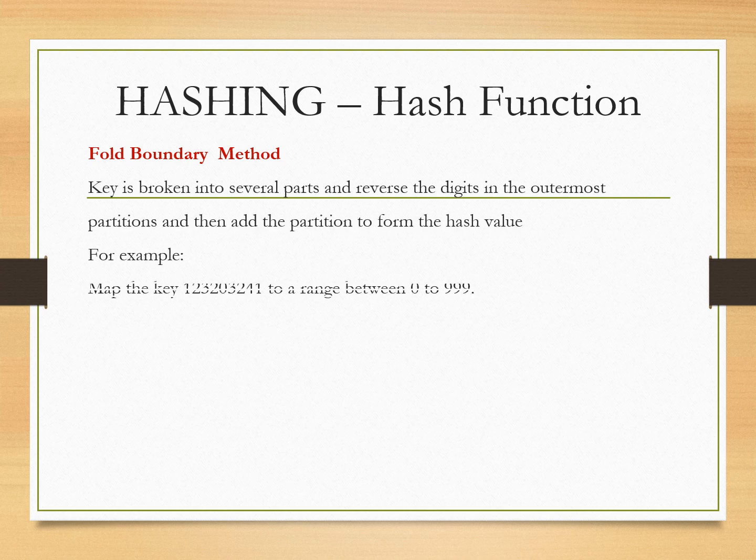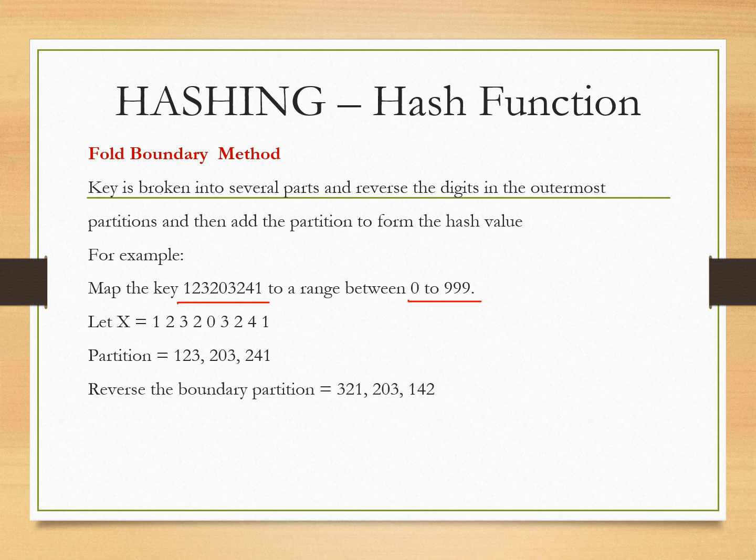Coming to the fold boundary method. The same value is taken as the key and the same hash table size, 1000. Here again I am partitioning into 3s. Then I am reversing. See, in the previous method 123 is taken as such, but here I am reversing, and that reversing happens only in the outer partitions.